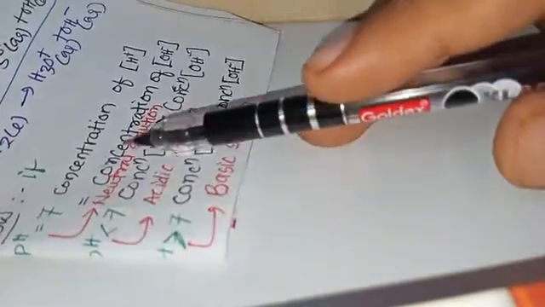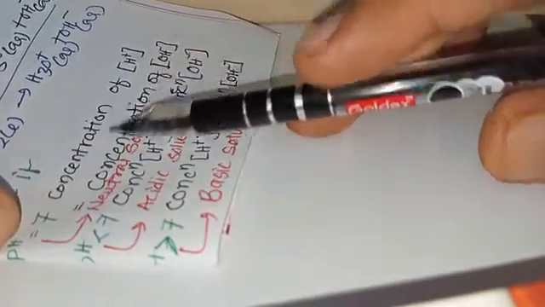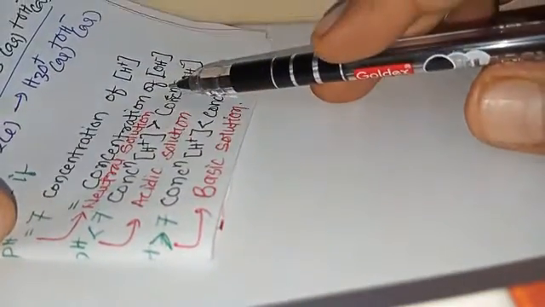Now if pH is equal to 7, then the concentration of H plus is equal to the concentration of OH minus. That means if pH is equal to 7, then the solution is a neutral solution.